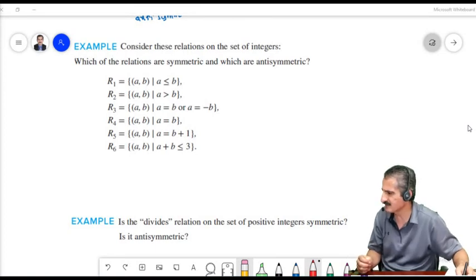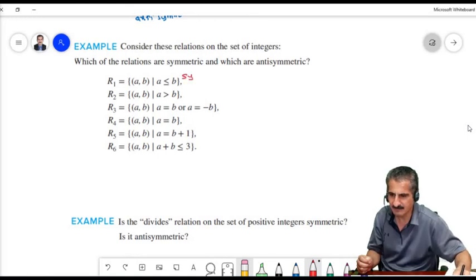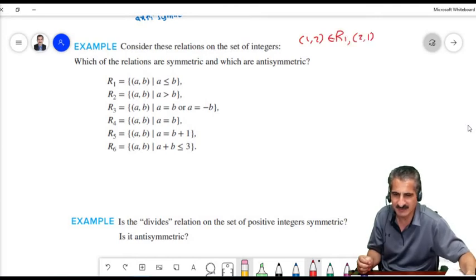Is it anti-symmetric? So R1 is symmetric. If (a, b) is related, no. I'm saying something wrong. It is not symmetric because, for example, (1, 2) belongs to R1, but (2, 1) does not belong to R1, so it's not symmetric.